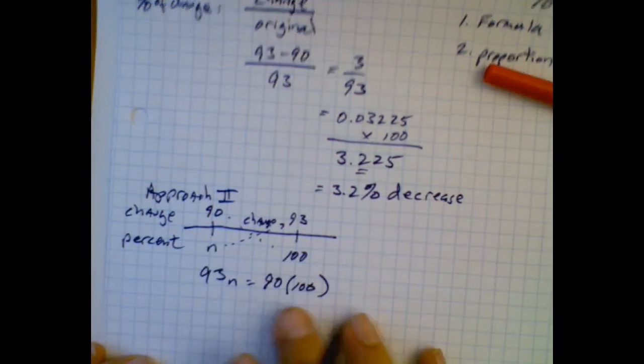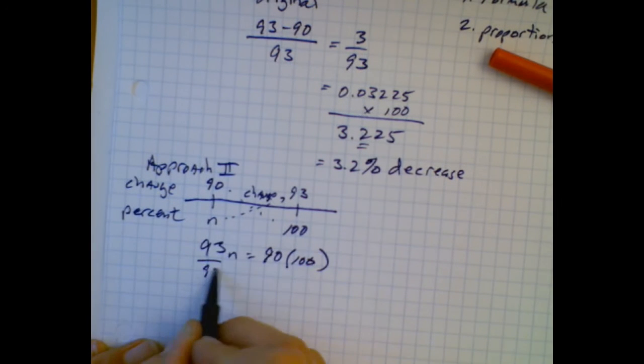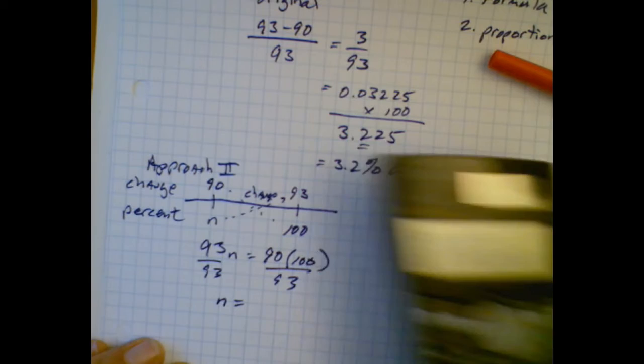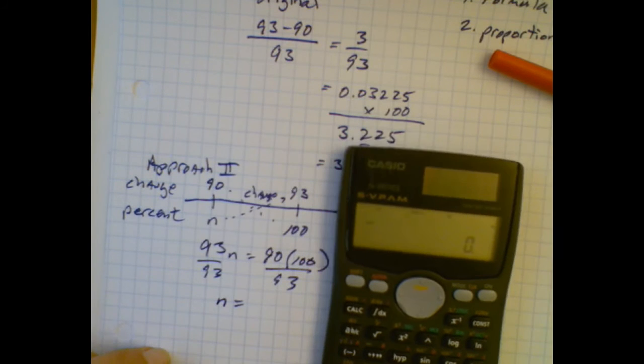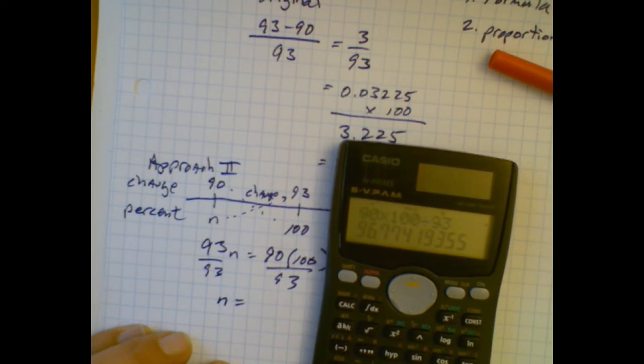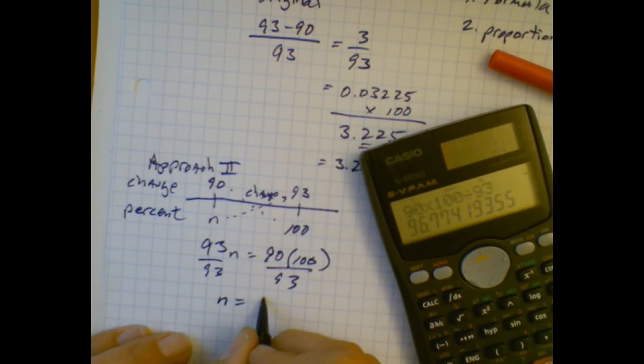It's a one-step equation, so I have to divide both sides by 93. When I do this, I have 90 times 100 divided by 93. And when I do that, I get 96.77.